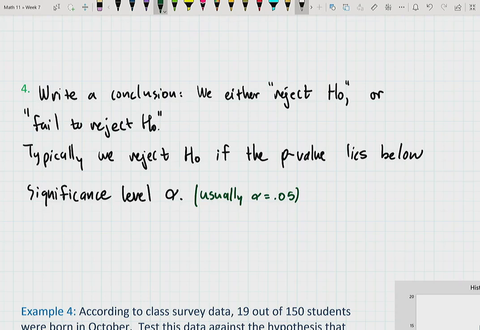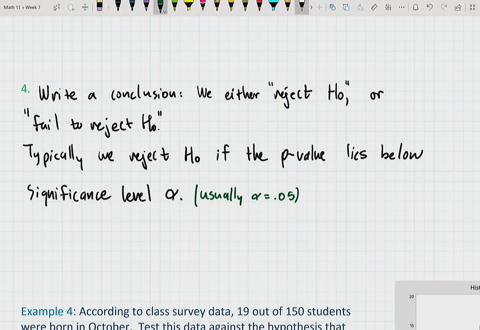Okay, so when our p-value is small, that means that observing what we observed given the null hypothesis was very unlikely. So we probably reject.